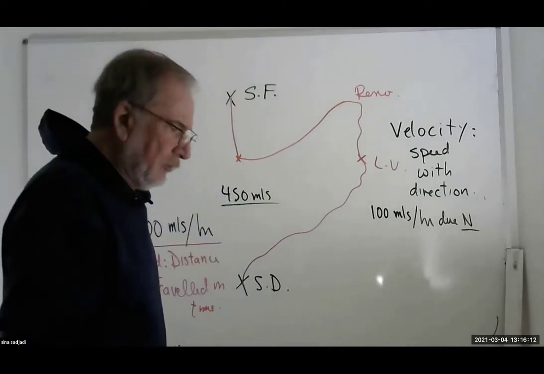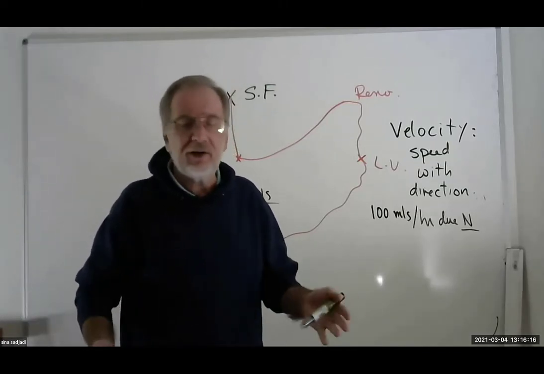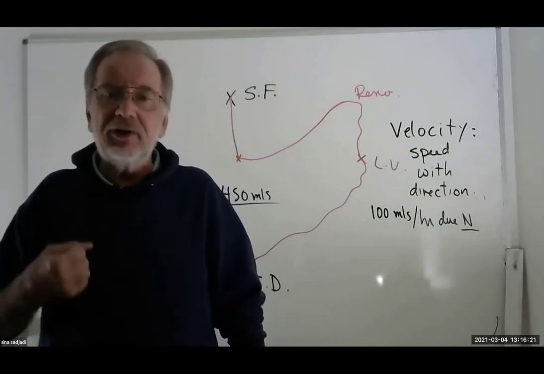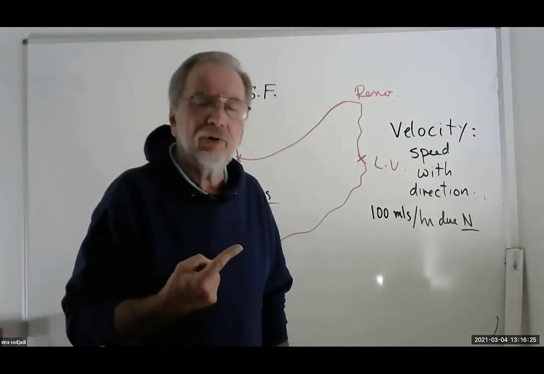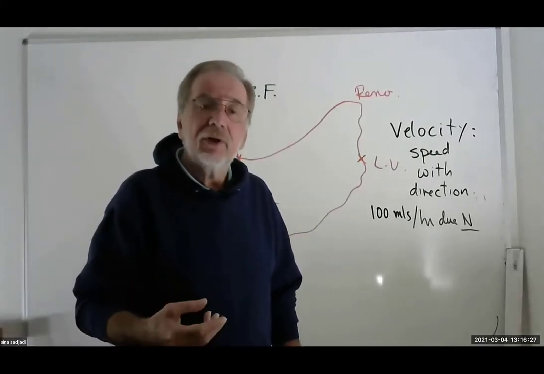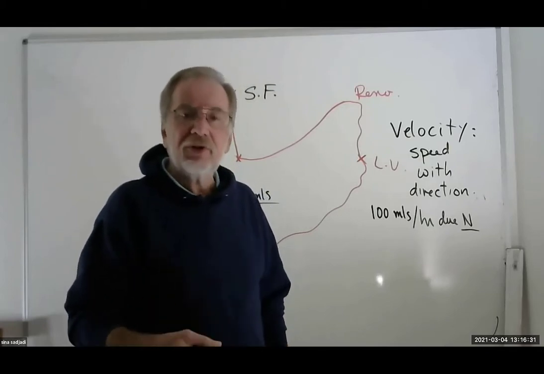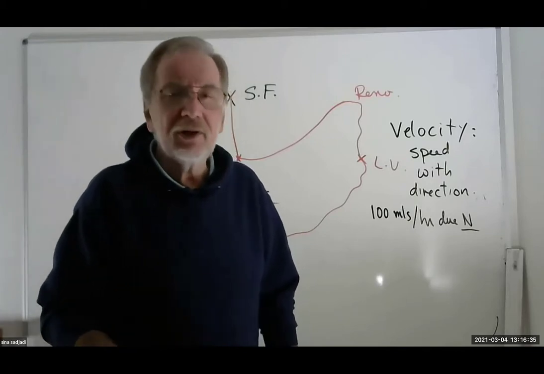Now, I want to accelerate. I want to go faster. 100 miles an hour is not enough. So I'm going to go 105 miles an hour, 110 miles an hour, right? But it takes me 1 second to go from 100 miles an hour to 110 miles an hour. So what is my acceleration? How much did I accelerate? What is acceleration then, right?